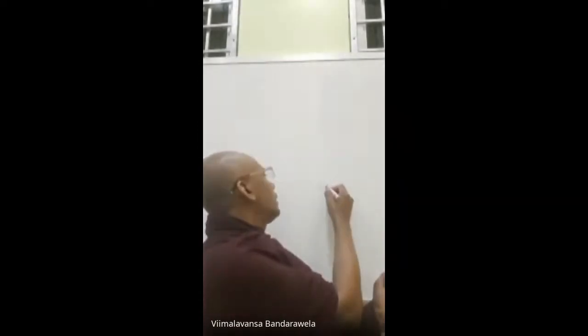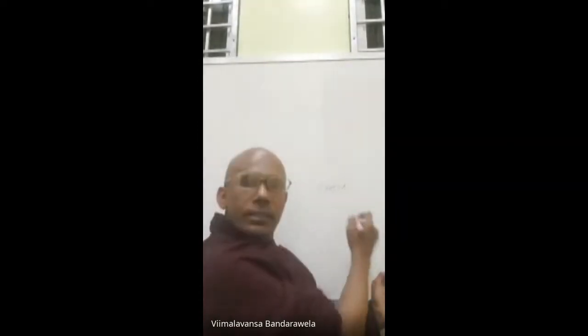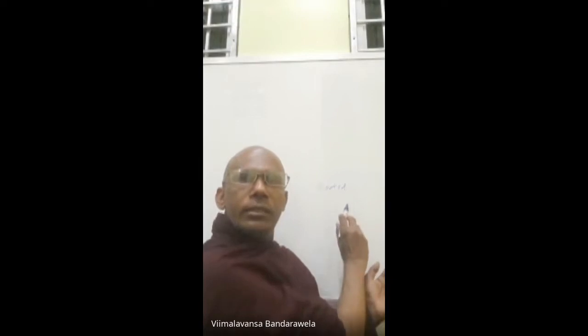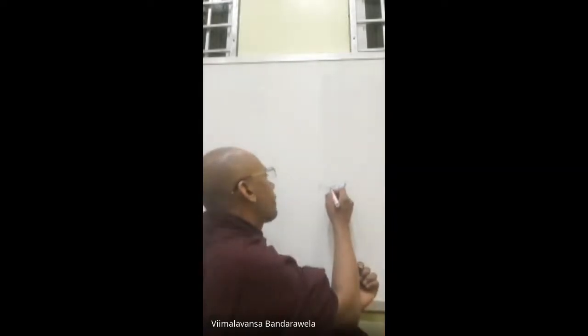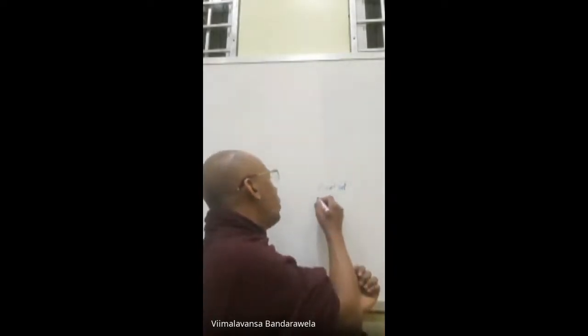Okay, before we go to akusala consciousness, you all want to read out, read out meaning read, or you want to follow me. So the 12 akusala consciousnesses are all rooted. Rooted means you have lobha rooted.